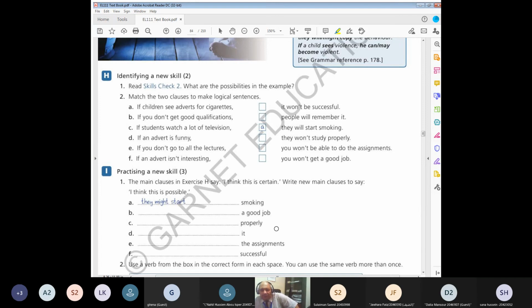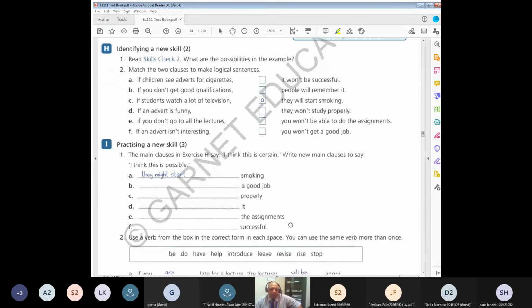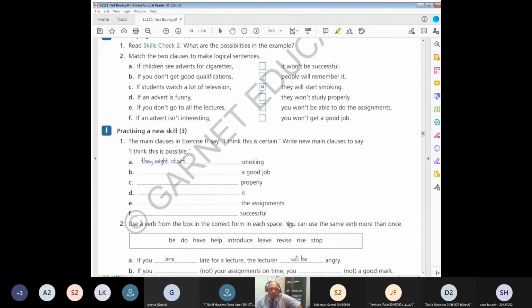So if children see adverts for cigarettes, they will start smoking, which is obviously very bad, right? So if you don't get good qualifications, you won't get a good job. Yes, you need good qualifications to get a good job. So if students watch a lot of television, they won't study properly.